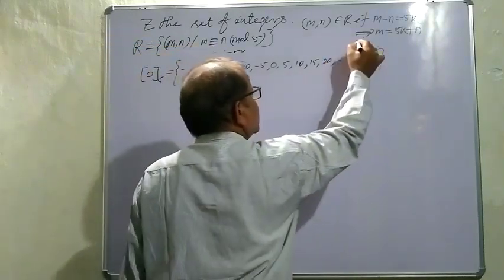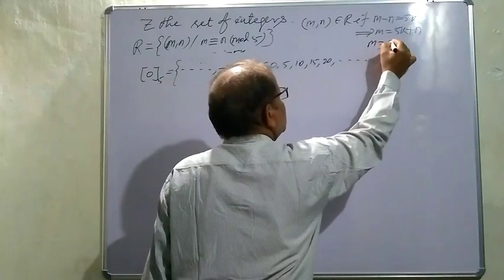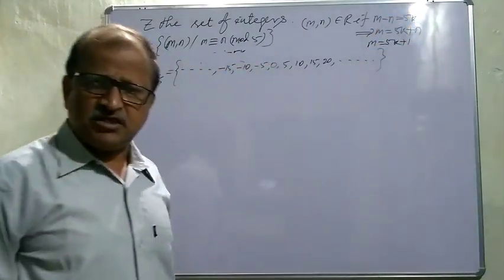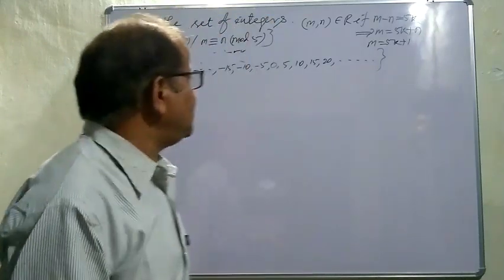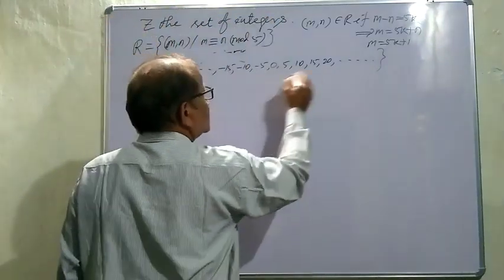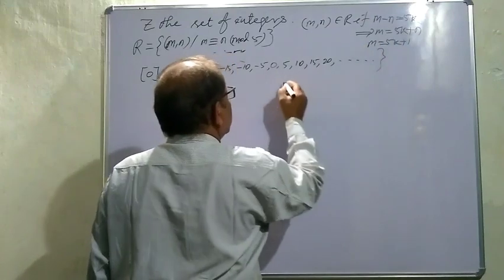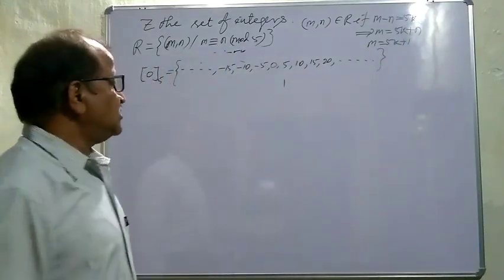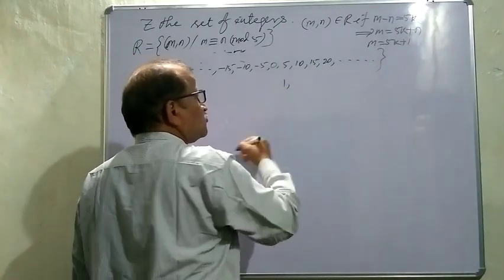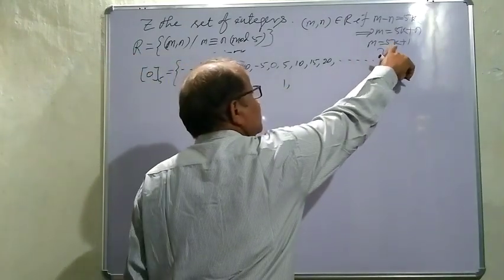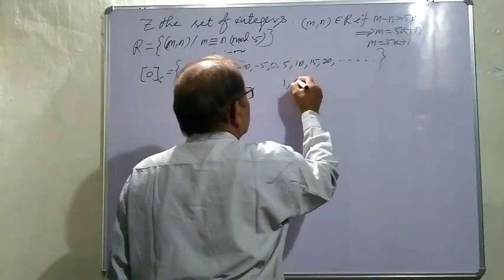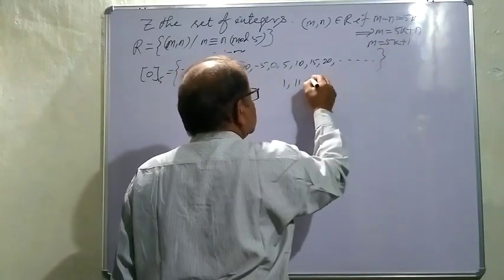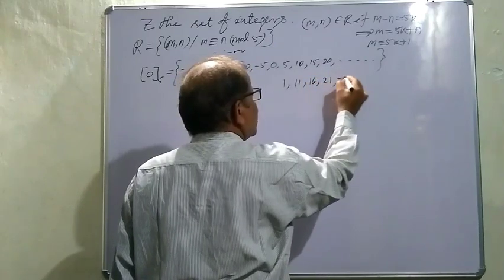Then m is equal to 5k plus 1, where k may be any integer. If we put k equal to 0, the number is 1. Then for k equal to 2, it is 5 into 2, 10 plus 1, that is 11. Then 5 into 3 plus 1 is 16. Similarly 21, like this.